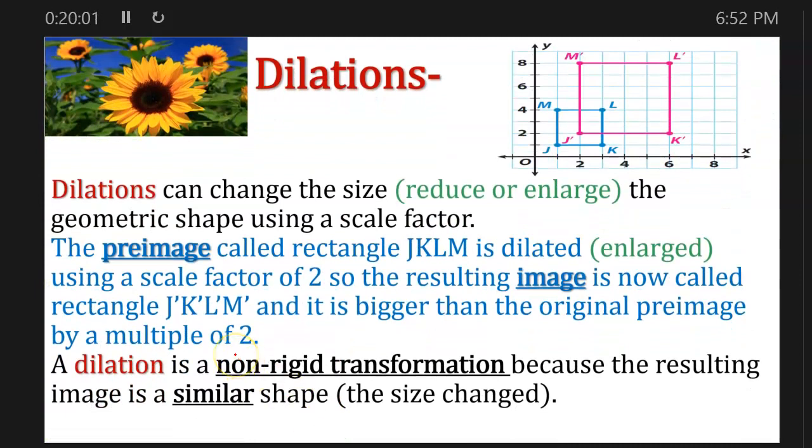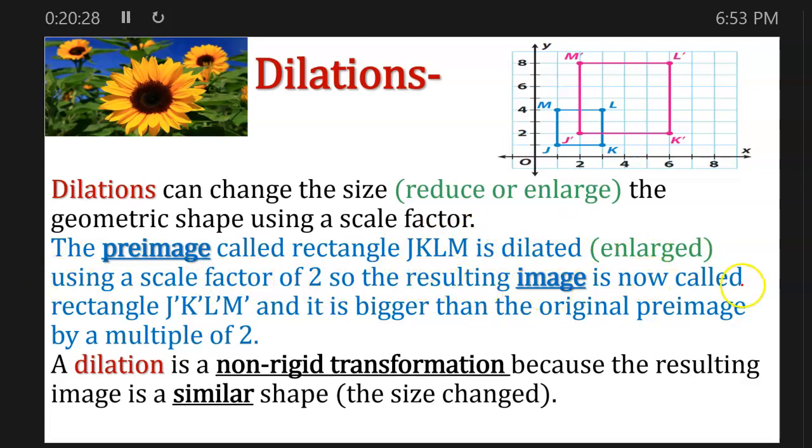Now, dilations are the one transformation that we're going to study that is a non-rigid transformation. It can change the size by reducing or enlarging the geometric shape using a scale factor. And we will have a video on dilations where we talk about that scale factor. The pre-image called rectangle JKLM is dilated or enlarged using a scale factor of 2.